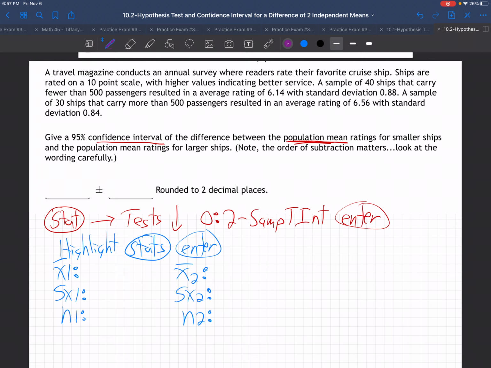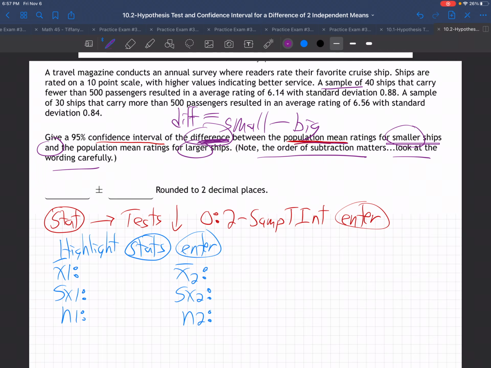It says the order of subtraction matters. Look at the wording carefully. What wording? The population mean rating for smaller ships. So the difference between, so they want us to take small minus big. See that in the words? The difference, small and larger. So we want the difference, small minus larger.